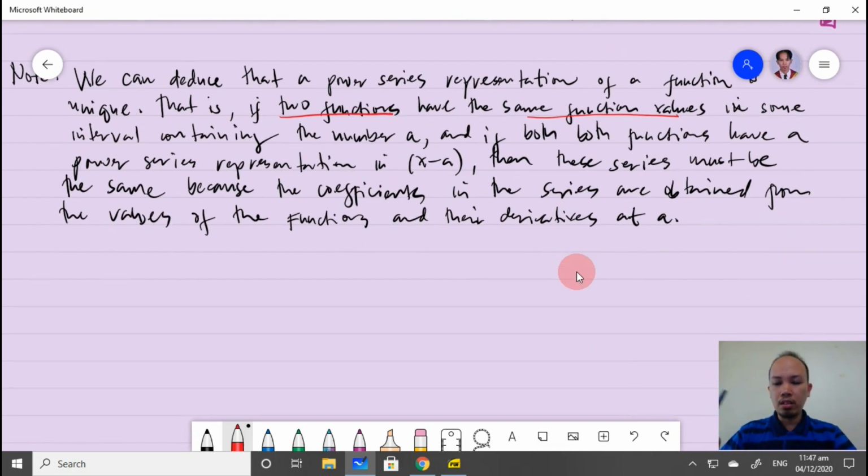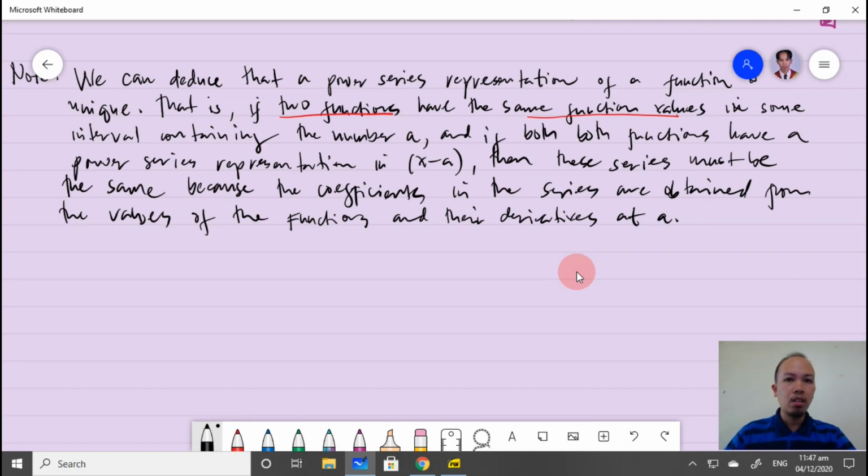For example, if you have the function f of x equal to, based on our example, cosine x, then we have to get the derivative, evaluate it at a, get the second derivative, get the third derivative, and so on and so forth.